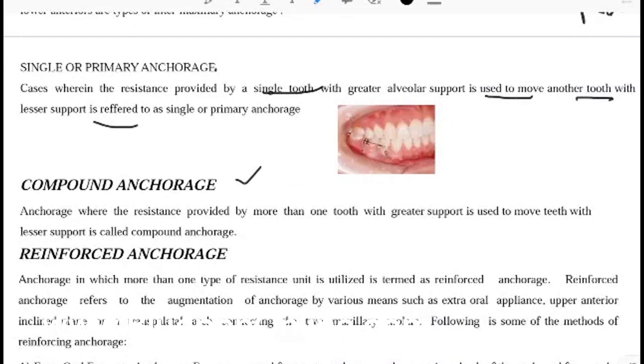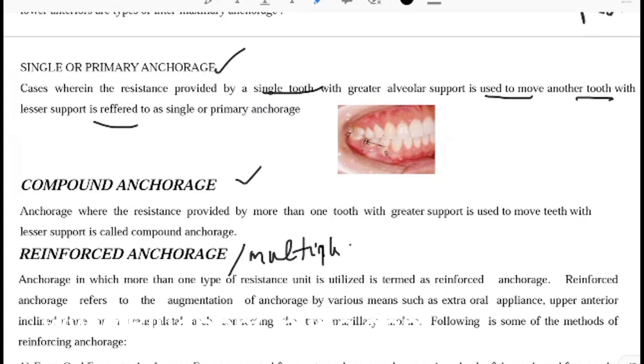Now you have reinforced anchorage. What is reinforced anchorage? Reinforced anchorage is also known as multiple anchorage. Here you are having anchorage in which more than one type of resistance unit is used, like extraoral appliances, or an upper anterior inclined plane, or a transpalatal arch.